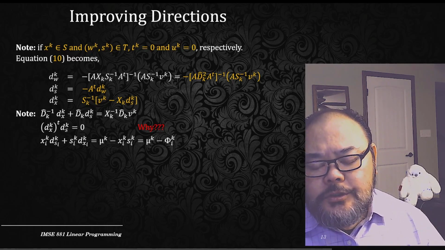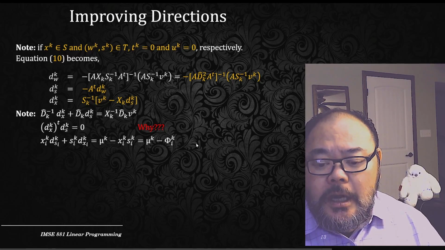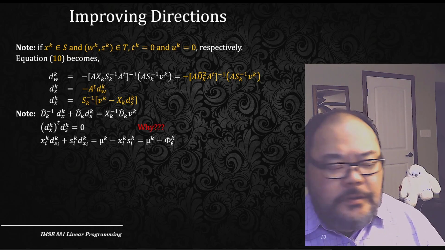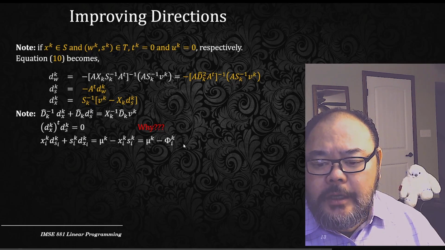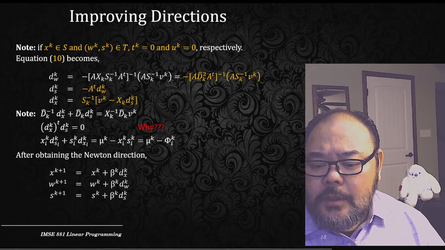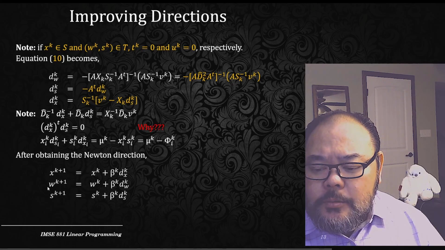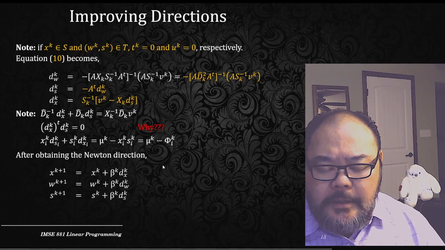But once we reach the so-called duality gap equal to 0, which is complementary slackness, we basically update mu k using the complementary slackness condition and make sure it converges to 0 each iteration. And then after we obtain the Newton direction, we can calculate the new primal variable, new dual variable, and new dual slack by adding a step size of beta k.